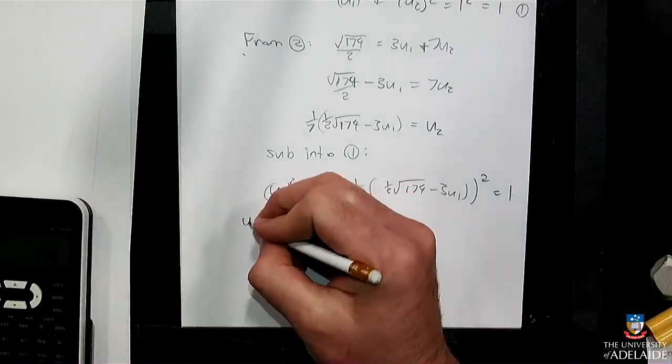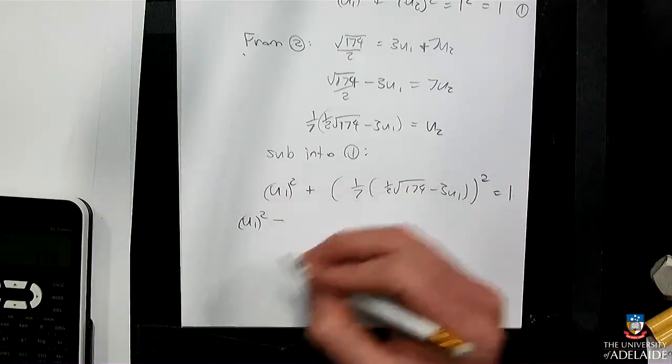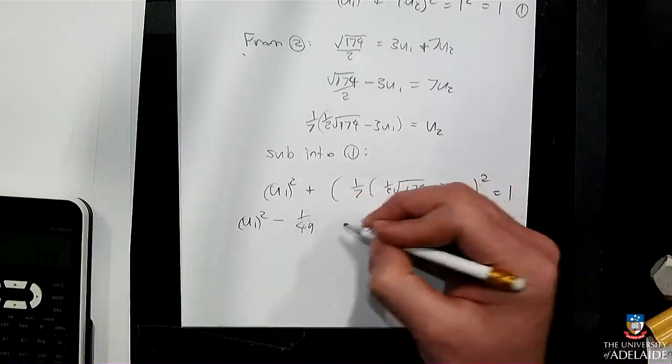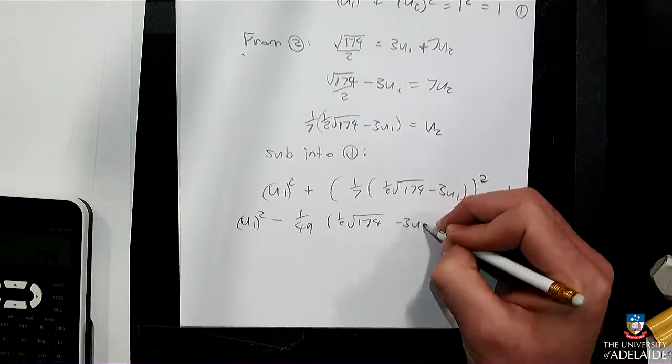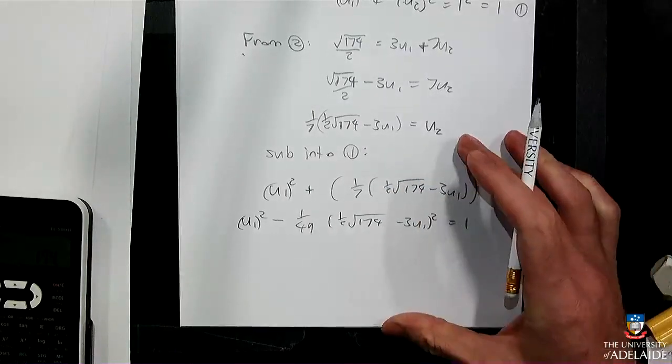Rightio. So I get 1 on 49, and I've got (a half of root 174 minus 3u1) squared. It's 1.